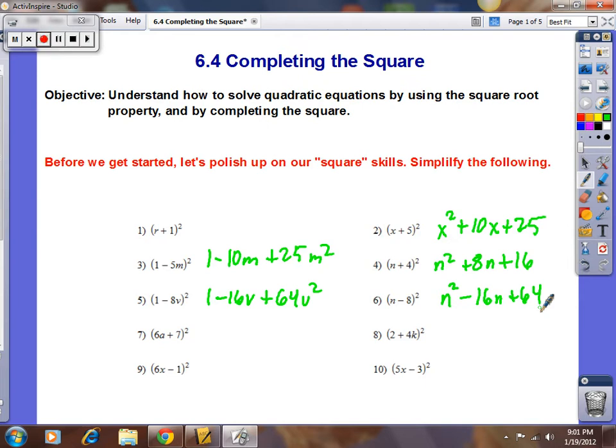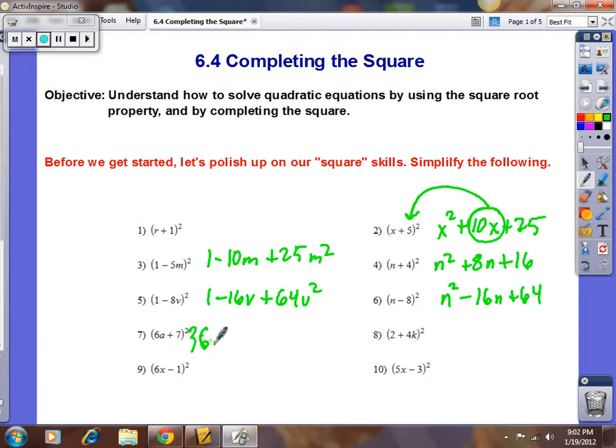Look at number 2. This middle term, 10, comes from adding your two like terms in the middle. So if you're going to have a 5 times x, you're going to have a 5x and a 5x. That's 10x. And then the last term comes from 5 squared. So look at number 7. My first term is going to be 6a times 6a.